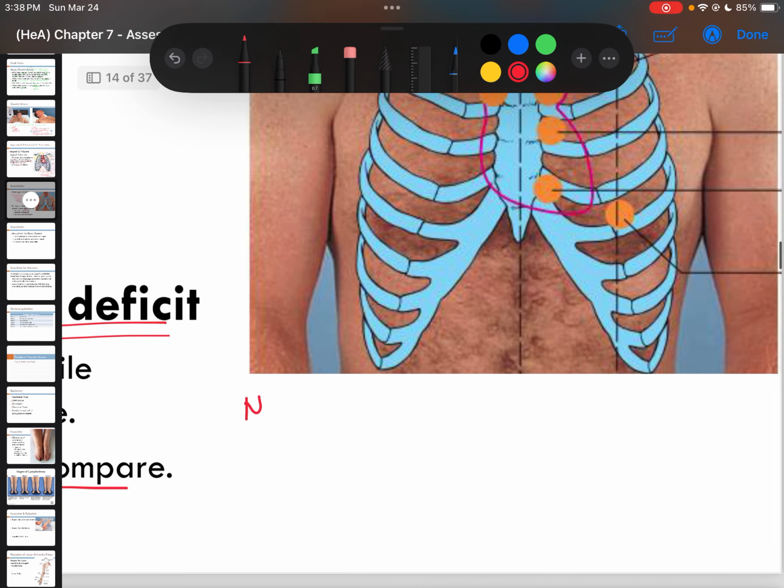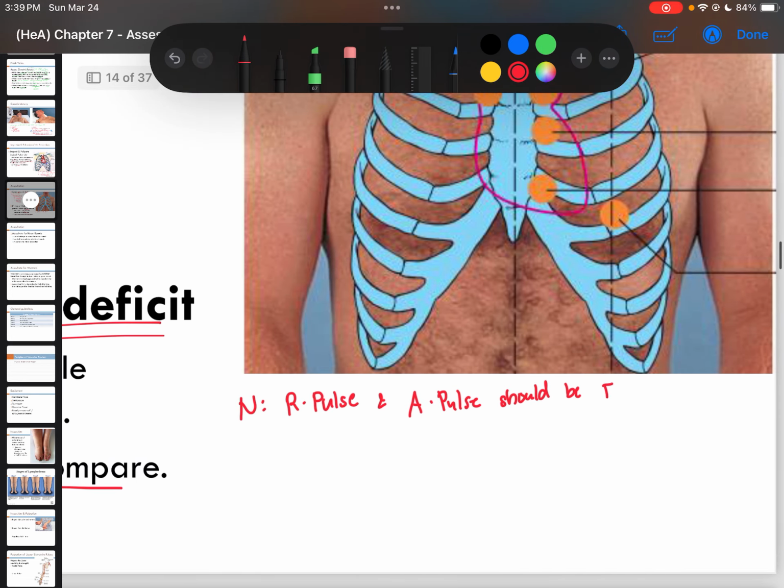Normally, our radial pulse and apical pulse should be identical, identical in both rate and rhythm.